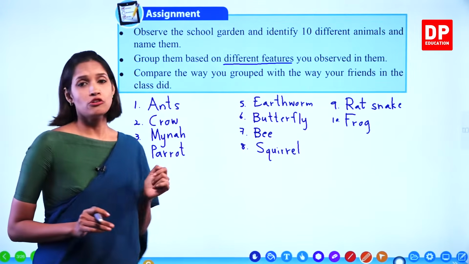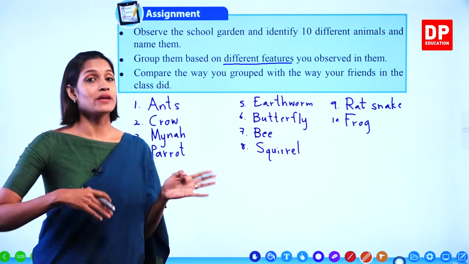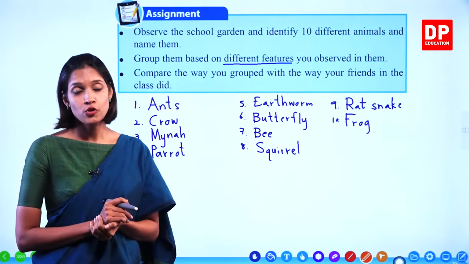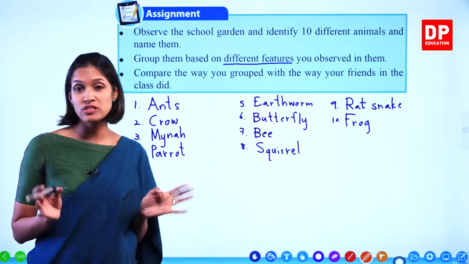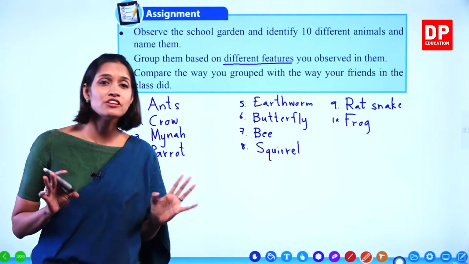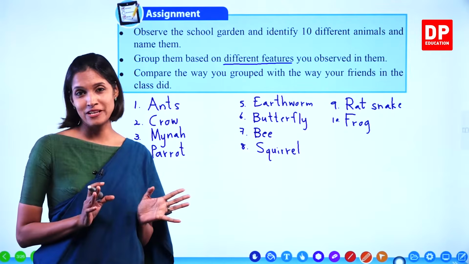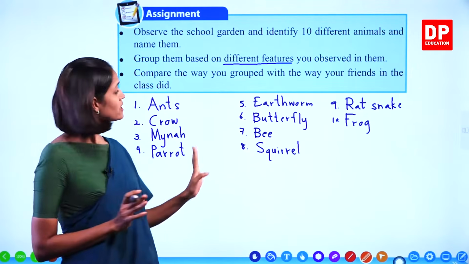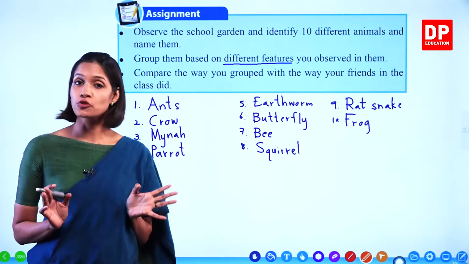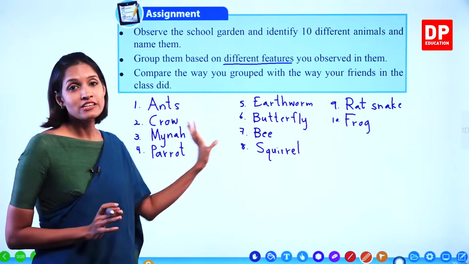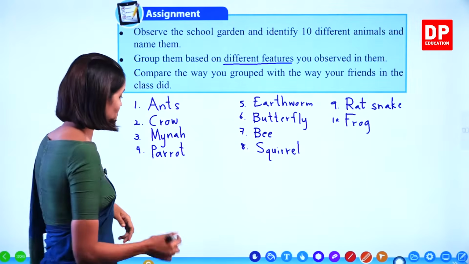So here you all know that some animals fly, some animals they walk or run or hop using their legs. Okay, and some animals can swim using their fins. So using different methods, they can move their body from one place to another place, which is known as locomotion. So I'm going to use the mode of locomotion as the first key to divide these animals. Okay, we will do that.